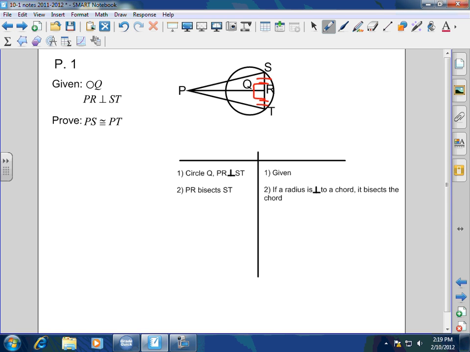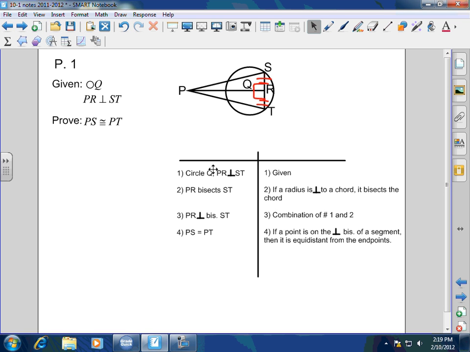Now, where else do we go from here? Yes, sir? No, I wouldn't do that. I would say that PR is the perpendicular bisector then of ST. Oh, wrong one. Oh, epic fail. The combination of 1 and 2, if it's perpendicular and it's a bisector, then it's a perpendicular bisector. And then I ruined it already.